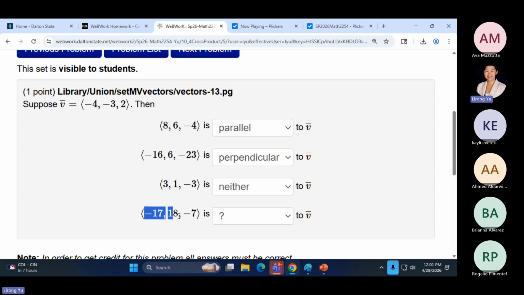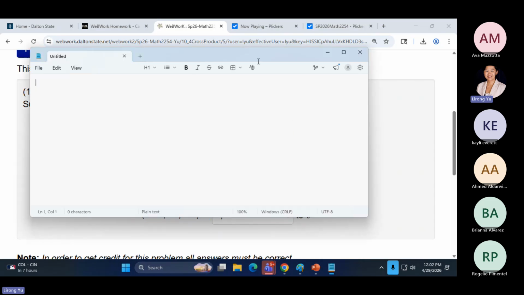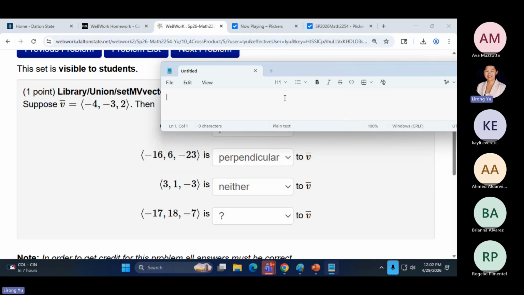The last question, definitely not parallel, but whether they are perpendicular, we need to do the calculation. This one has more numbers, so the calculation is not very clear. To determine if the vectors are perpendicular, we need to calculate their dot product. So the dot product will be negative 4 times negative 17. That's 4 times 17, which is 68.